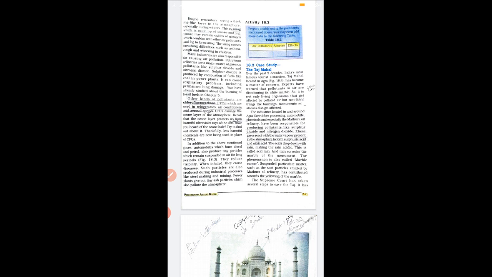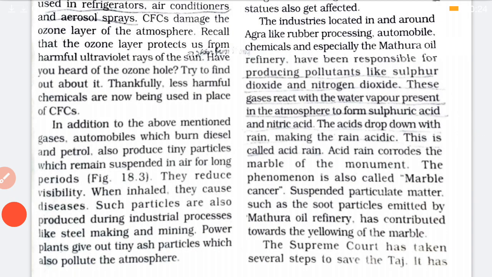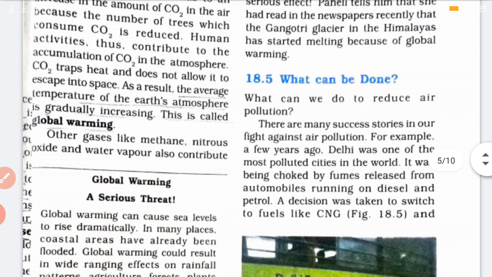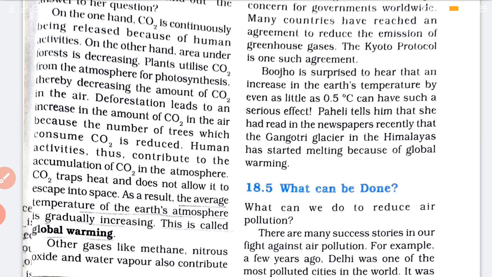And one of the major threats of air pollution is global warming. What happens when a large quantity of carbon monoxide or carbon dioxide is released into the atmosphere? It forms a layer around the earth. So what happens? The heat of the sun is not able to escape from the earth. As a result, what is happening? The temperature of the earth is increasing, which is known as global warming.